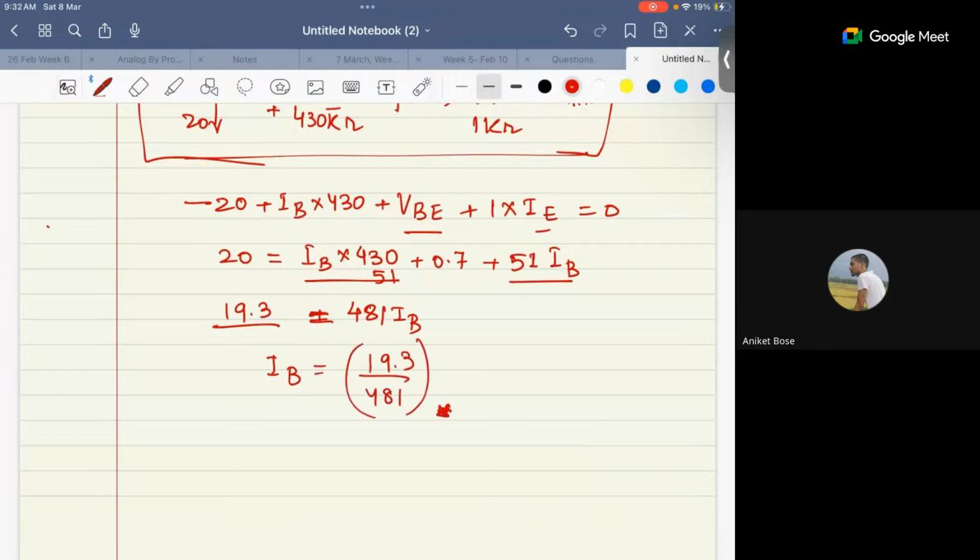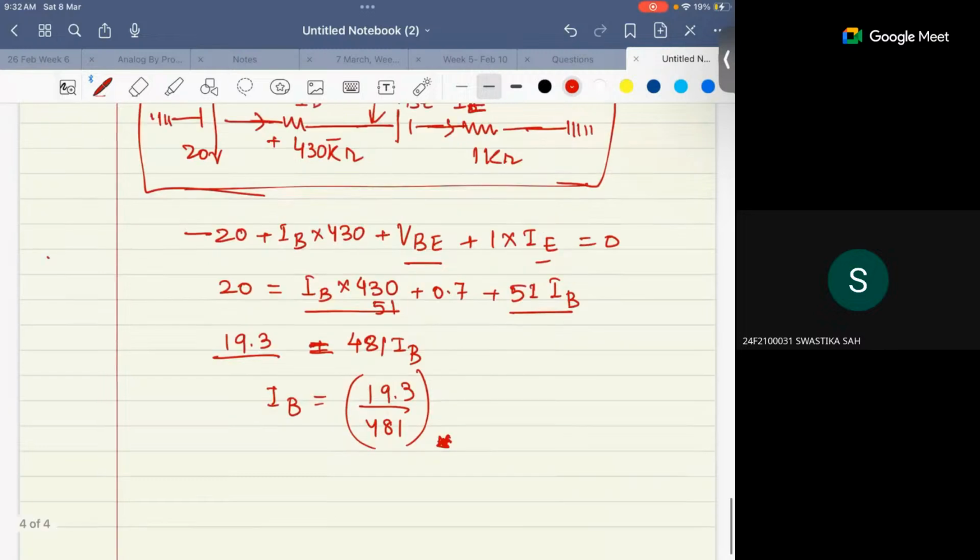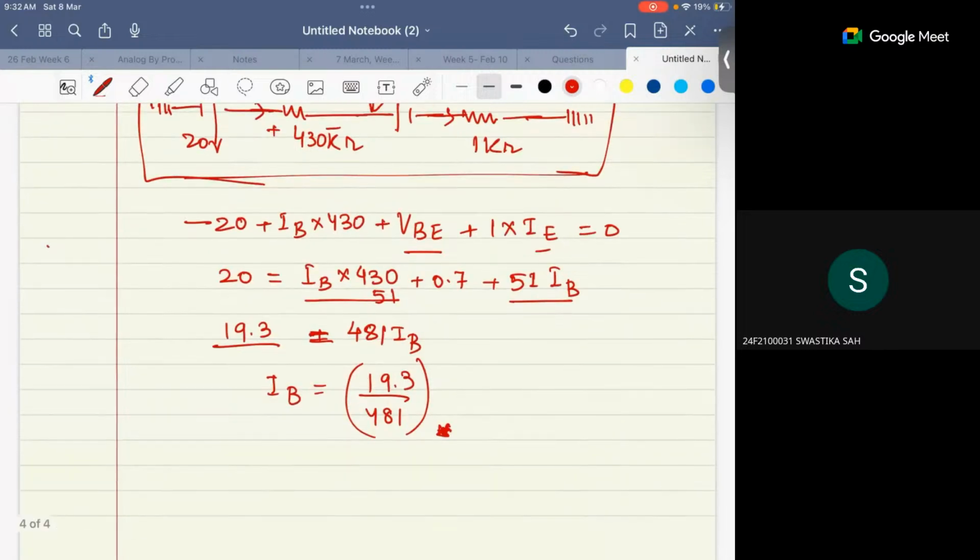The unit of current will be ampere, but will it be microampere or milliampere, which one? Microampere. Yeah, correct. It will be microampere, because I already told you in the previous session also, normally when you deal with the BJT or the diode and all, the resistance will be in kilo ohm, voltage will be in normal volt only, and the current will be mostly in milliampere.